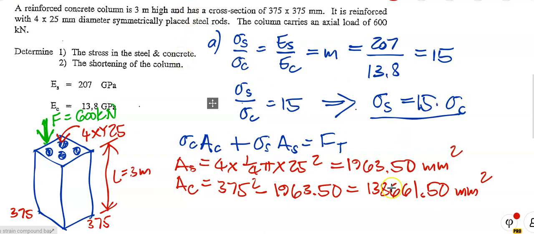So area of steel is 1963.50 square millimeters, and area of concrete is 375 squared minus that, which is 138,661.5 square millimeters.